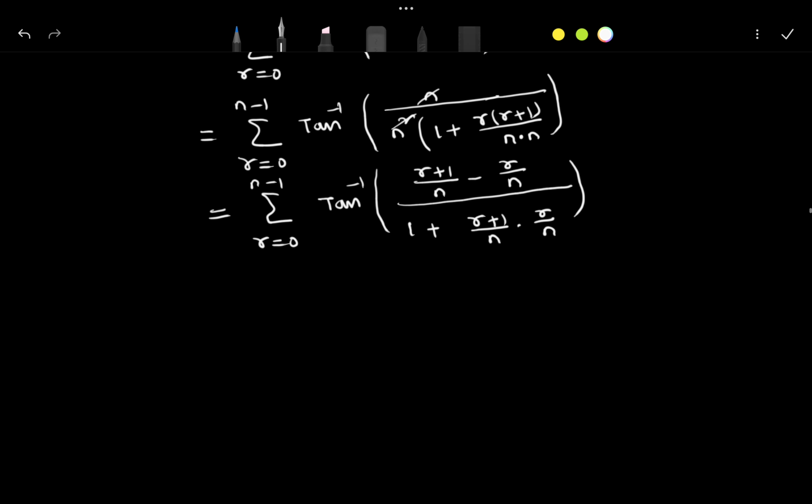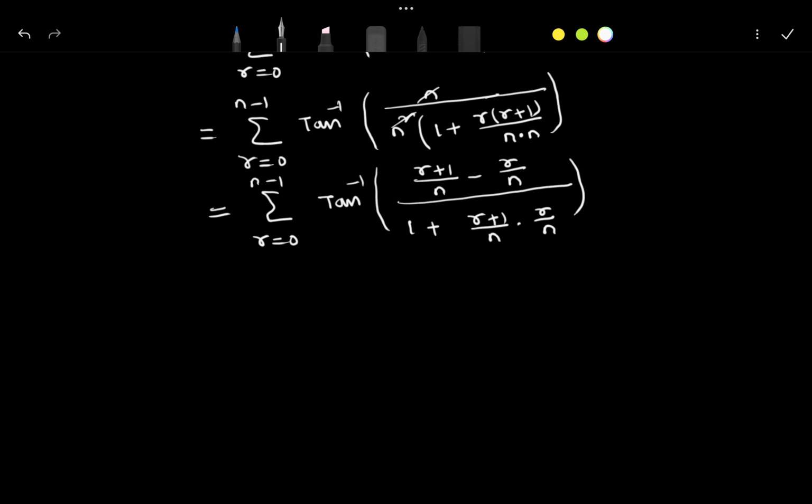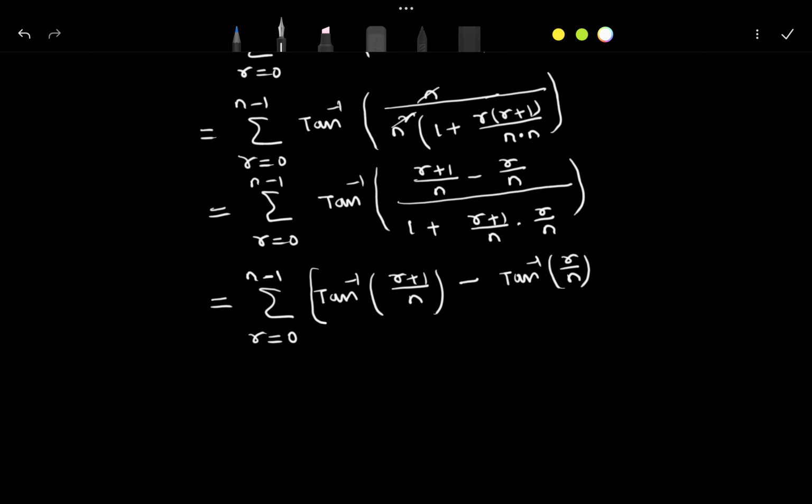So this is in which form? Tan inverse of x minus y by 1 plus x into y. So we can write sigma r equals 0 to n minus 1 of tan inverse of r plus 1 by n minus tan inverse of r by n.